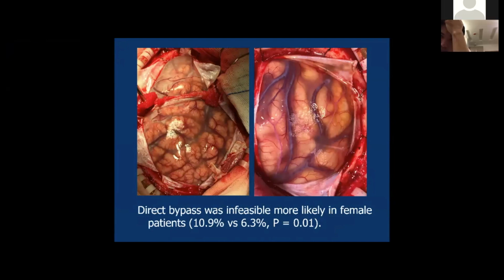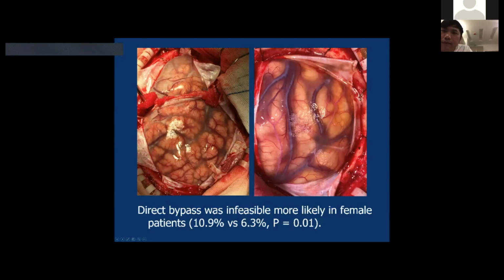Sometimes direct bypass was infeasible, more likely in female patients. In my personal series, around 11% of female patients couldn't have the direct bypass. You can see on the left side, in the whole big surgical field, there's no recipient artery big enough to do the direct bypass.